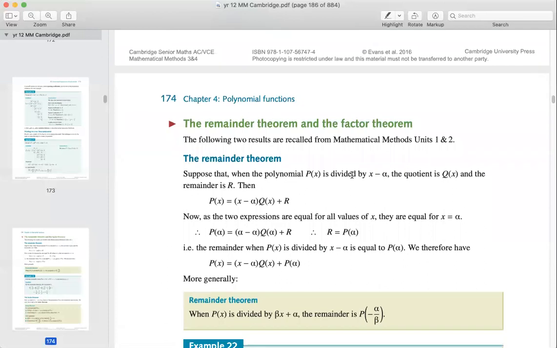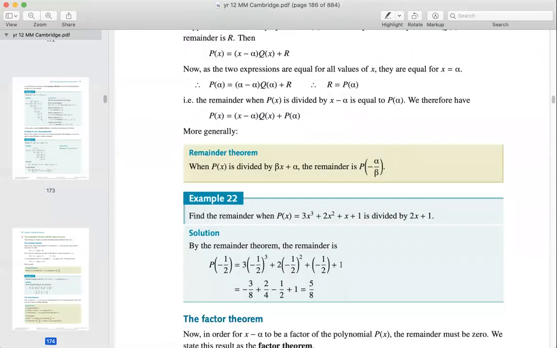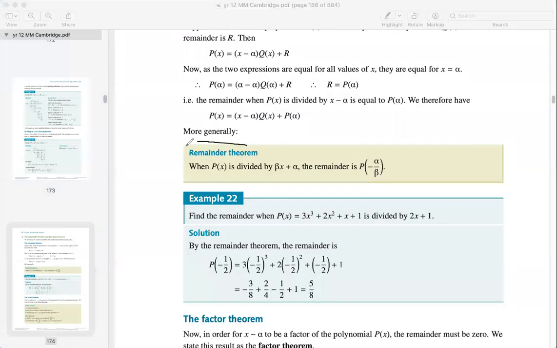Remainder theorem and factor theorem, hopefully you notice and remember. The remainder theorem tells us if we divide by beta x plus alpha, we can directly plug negative alpha over beta into our equation to find the remainder. Sometimes you find this hard to remember, so I can show you a way.